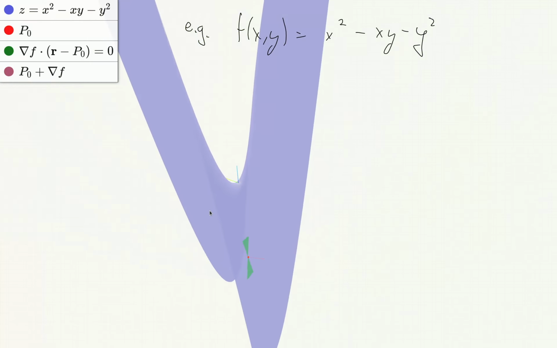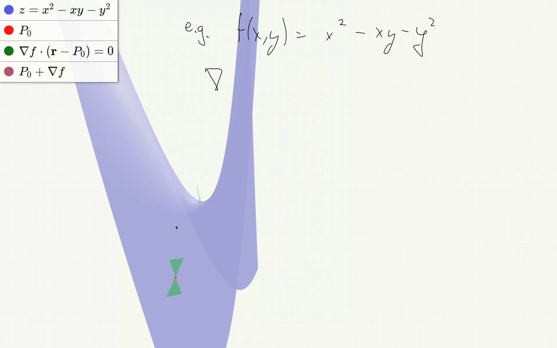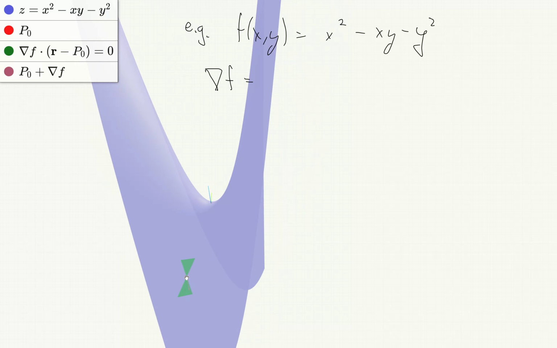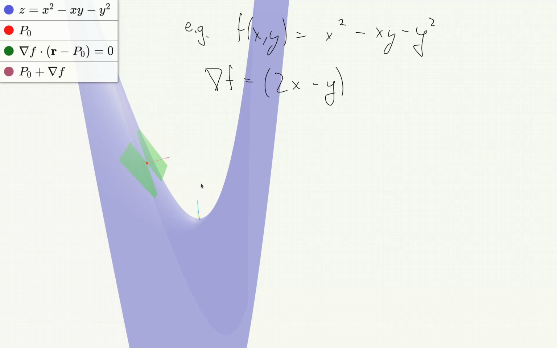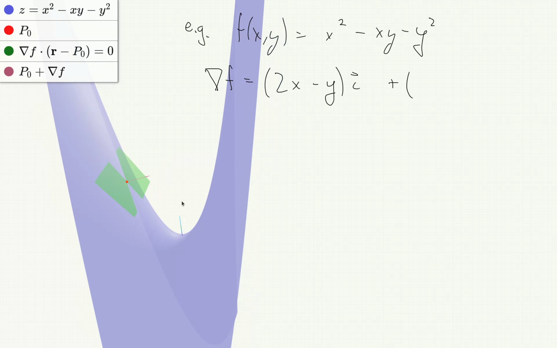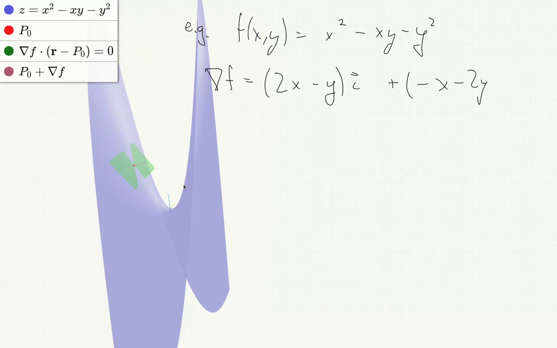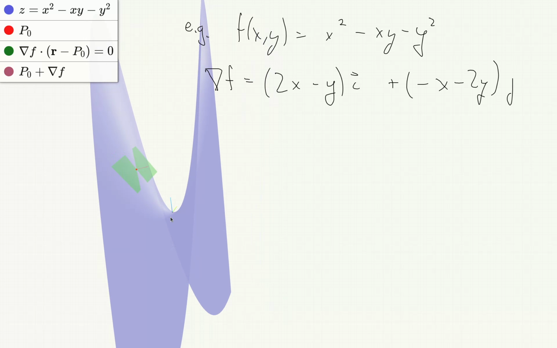So the gradient of f will be (2x minus y) times i plus (negative x minus 2y) j.